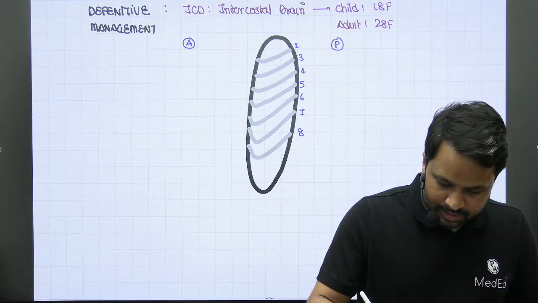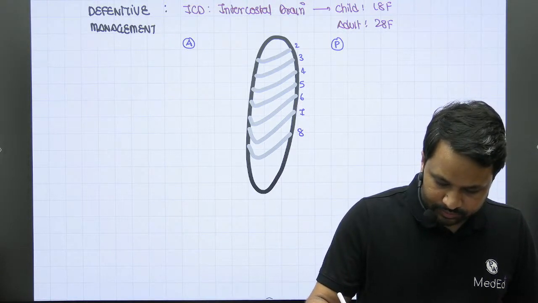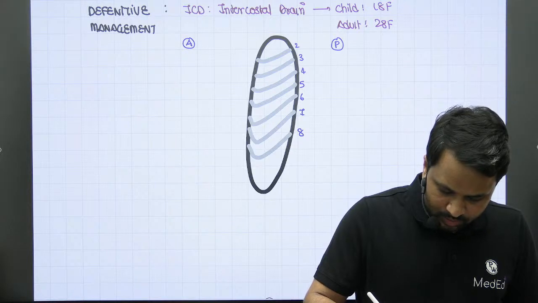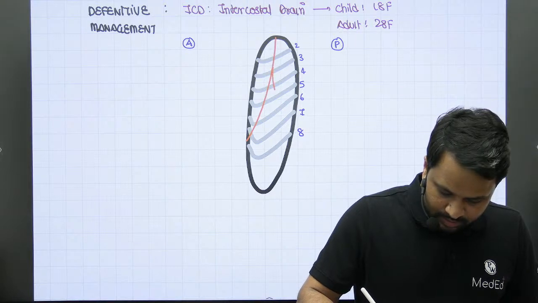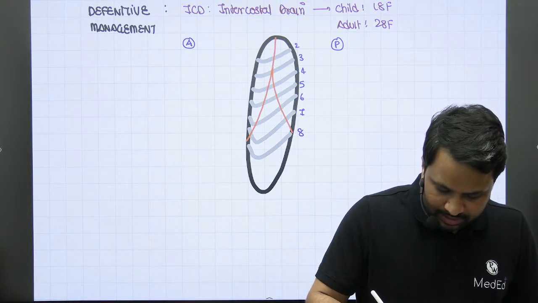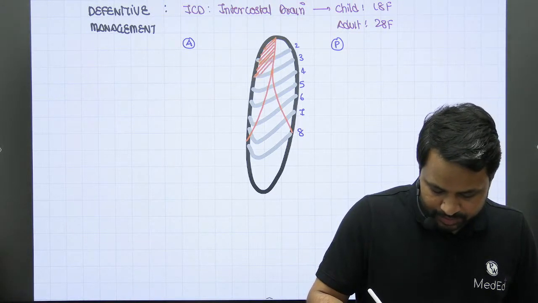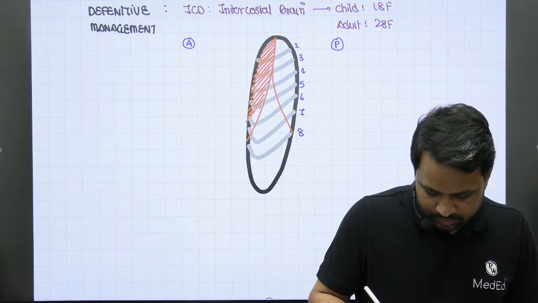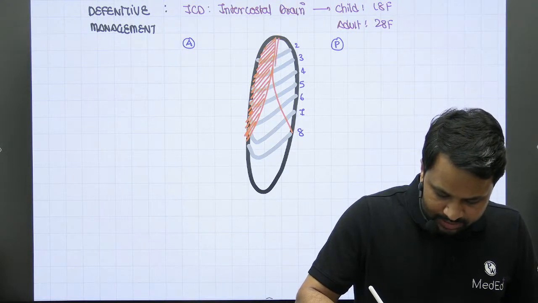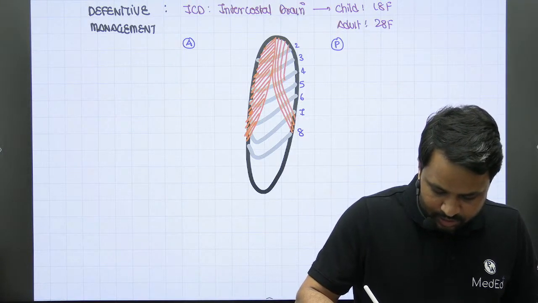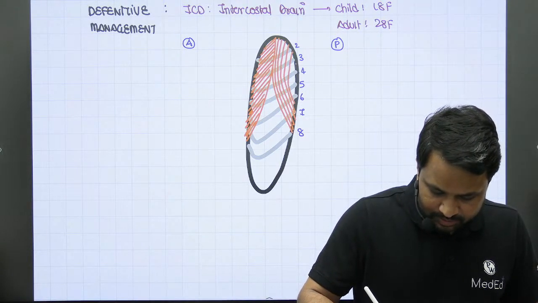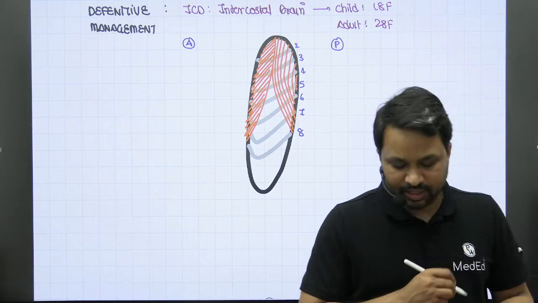Anteriorly, there is a muscle covering this space, and posteriorly there is another muscle covering this space. Anteriorly the muscle covering it is the pectoralis major, and posteriorly it is the latissimus dorsi. So anteriorly you have pectoralis major, posteriorly you have latissimus dorsi, and inferiorly you have the sixth rib.